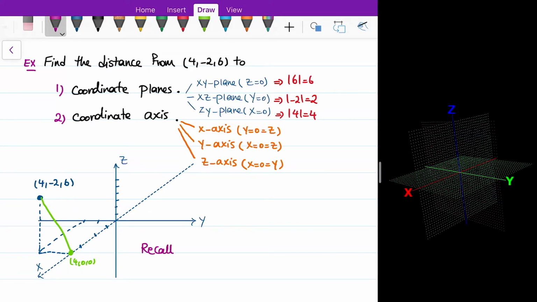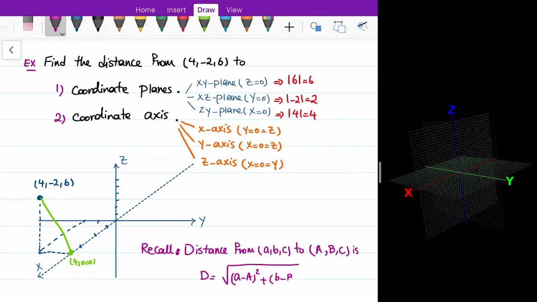So as I recall, the distance from a point A, B, C to another point A', B', C', which I'm going to show by D, would be the square root of the differences between their first coordinates squared, plus the differences between the second coordinates squared, plus C minus capital C squared.